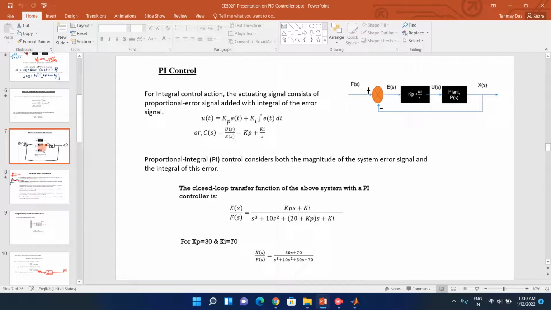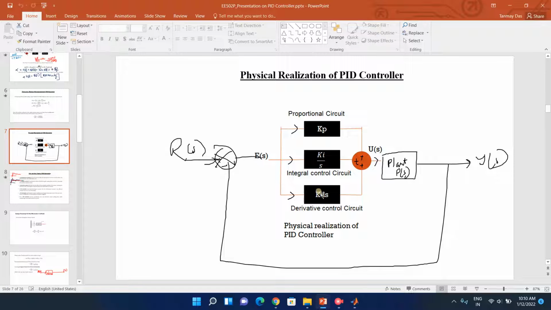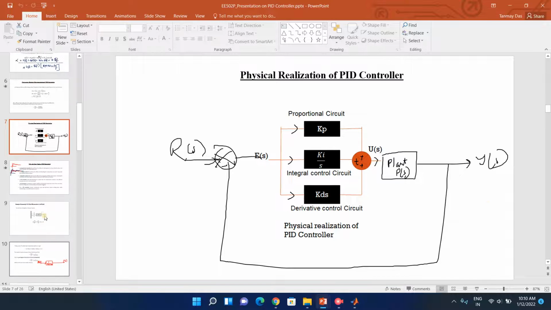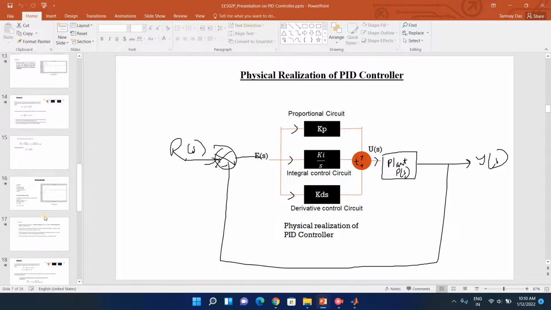But actually the representation is like this. Kp, Ki and Kd are placed in parallel and their summation is added over here.